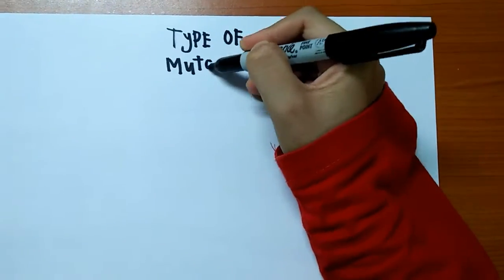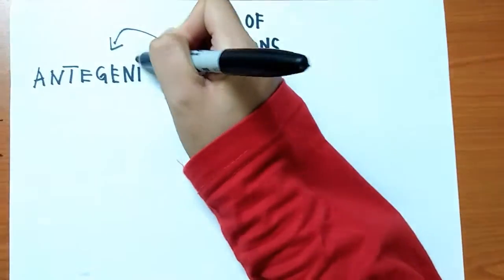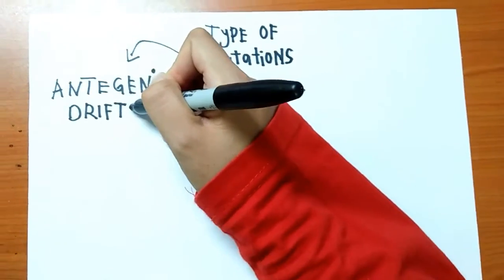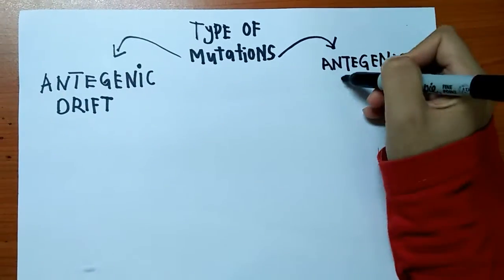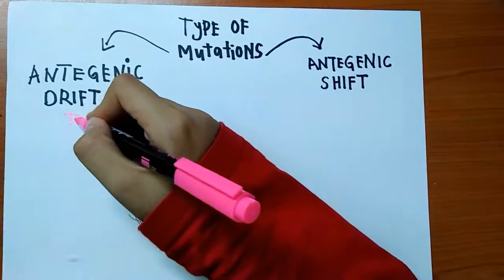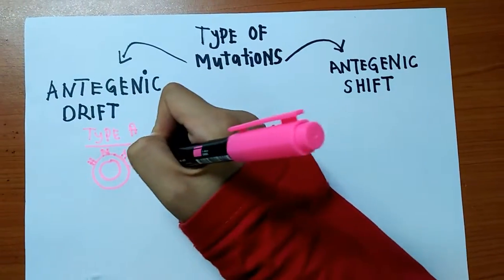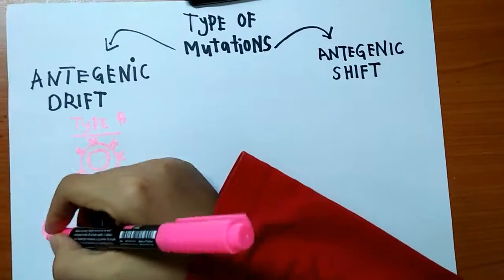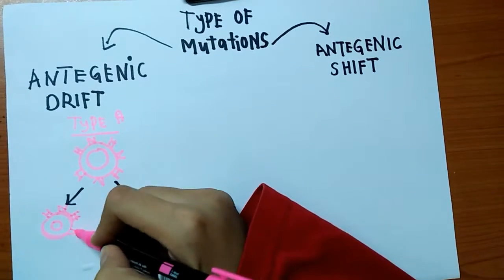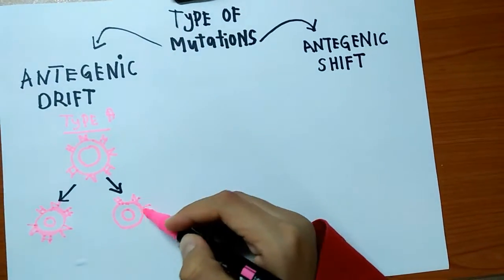Types of mutation. The first type is antigenic drift, and the second type is antigenic shift. For antigenic drift, the virus has a tendency to mutate H and N glycoprotein during replication, and this allows the daughter virus to form slightly different from the parent virus.